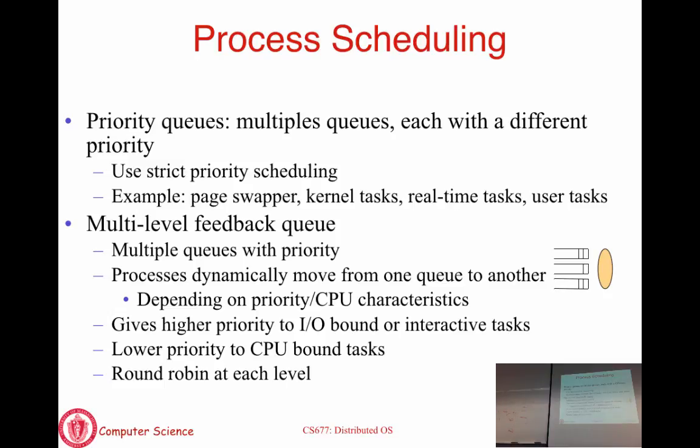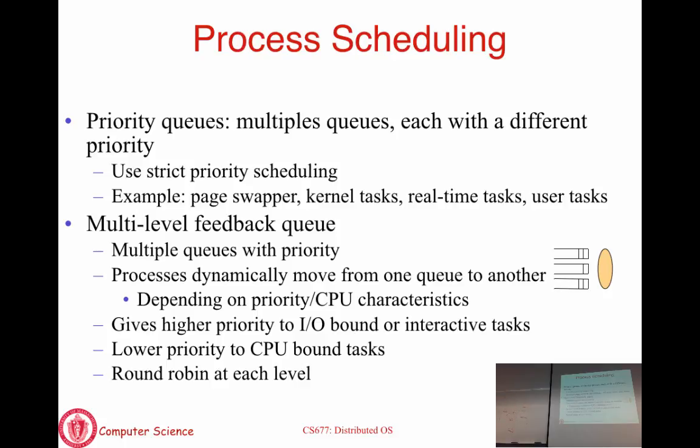The idea is more important processes get preferential treatment as far as CPU scheduling goes. If there are two processes that are both ready to run, and one has a higher priority than the other, then the CPU scheduler is going to choose the higher priority process to run. This is referred to as priority scheduling.